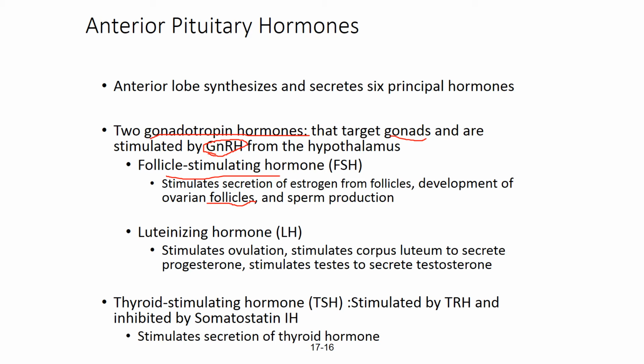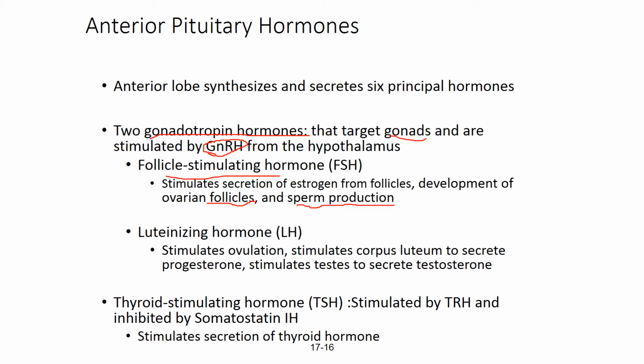For males, it's going to stimulate sperm production. So for both of these cases, follicle stimulating hormone is dealing with the production of those sex cells, whether it's an egg, which is inside of what we call a follicle, or the sperm developing inside the testes.